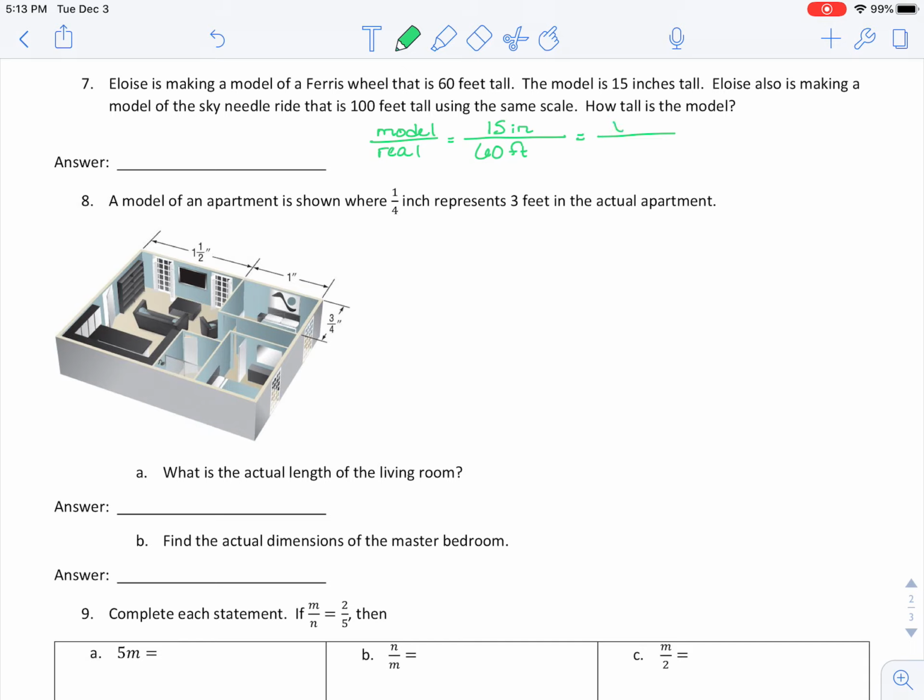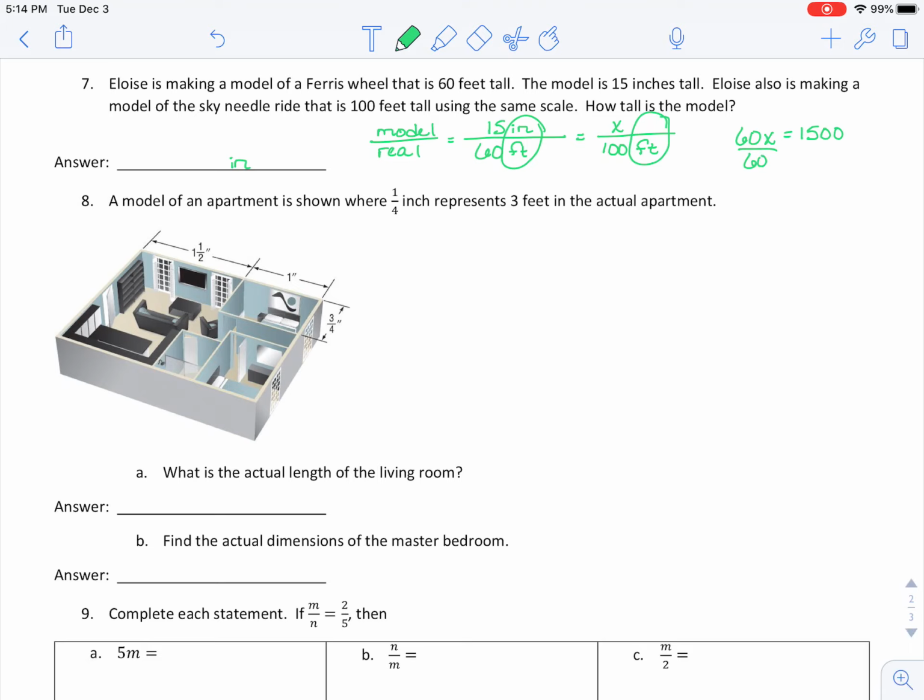I will still put the model, which is the question I'm supposed to be answering, over real, which is in feet. So I'm seeing that I have the units the same. Inches over feet is going to end up with something over feet, meaning my answer will be in inches. So just cross multiply. 60 times x is 60x. 15 times 100 is 1500.